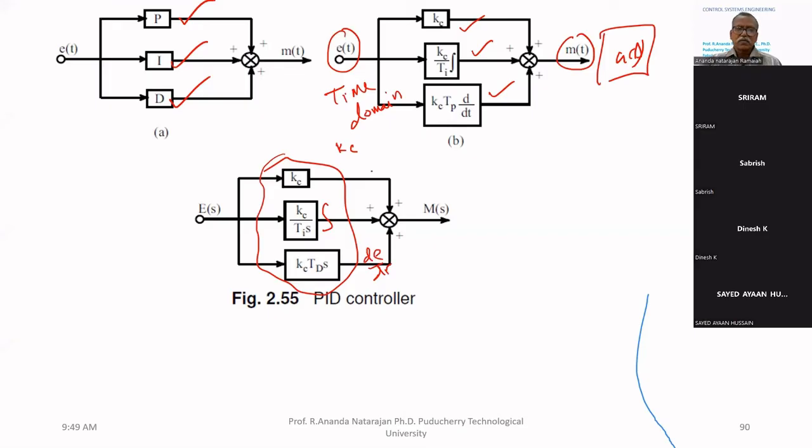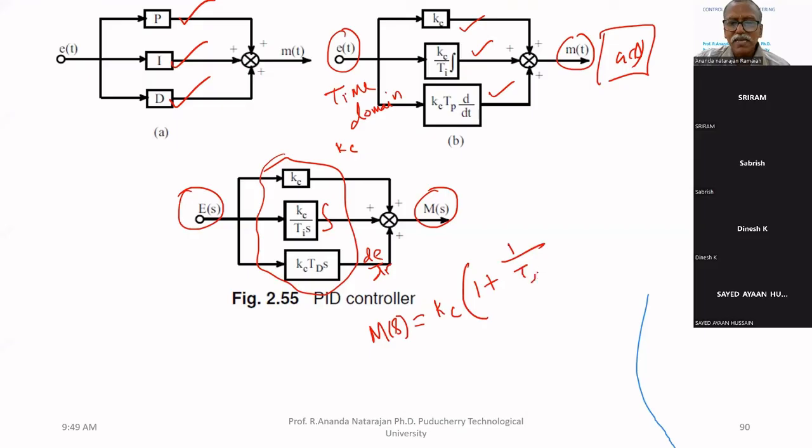So this is in the S domain, E of S, M of S. If you express M of S, it equals Kc multiplied by 1 plus 1 by TiS plus TdS. So this way we can write M of S as this multiplied by E of S. This is the expression in the Laplace domain.